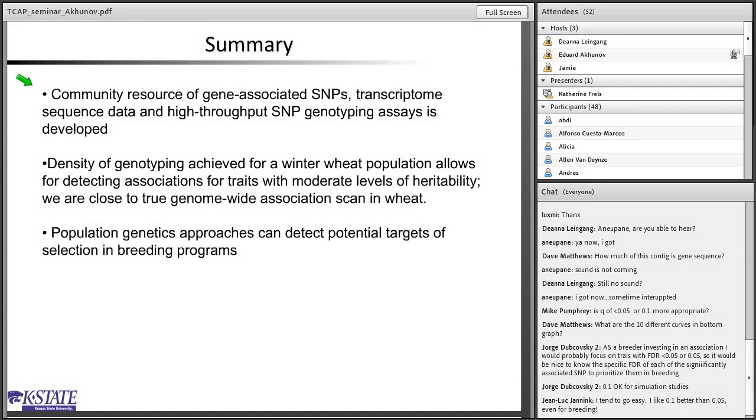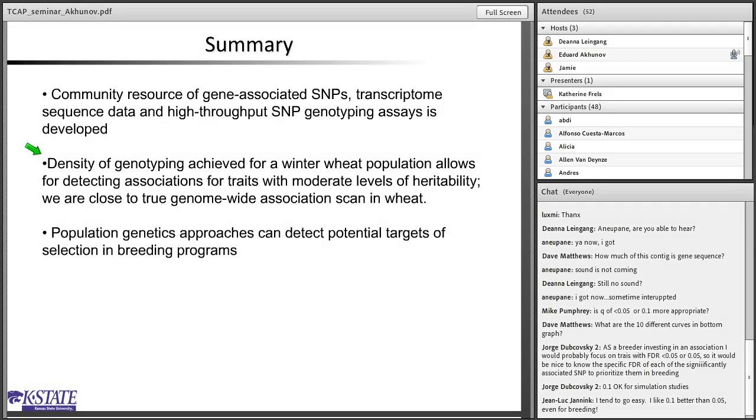We explored the utility of the 9K iSelect assay for performing a genome-wide association scan and detecting associations with some agronomic traits. And in this particular population, we believe that we are close to reaching the point where we are performing a true genome-wide association scan.